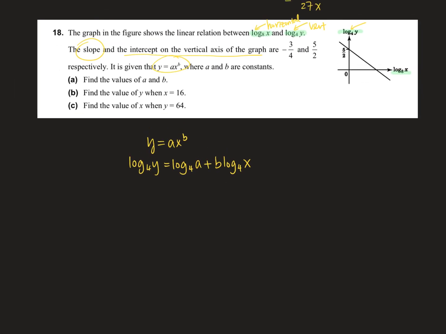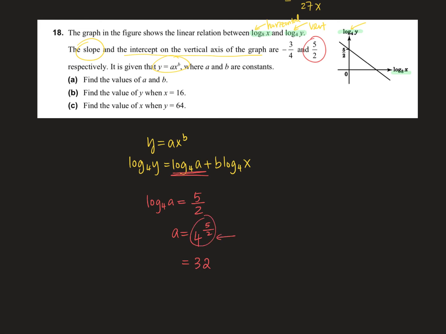So now everything is base 4. And now we know that this part is going to be 5 over 2, because the vertical axis intercept is 5 over 2. So I know a is 4 to the power 5 over 2, which is 2 to the power 5, which is 32. You can put this in the calculator, no fuss.